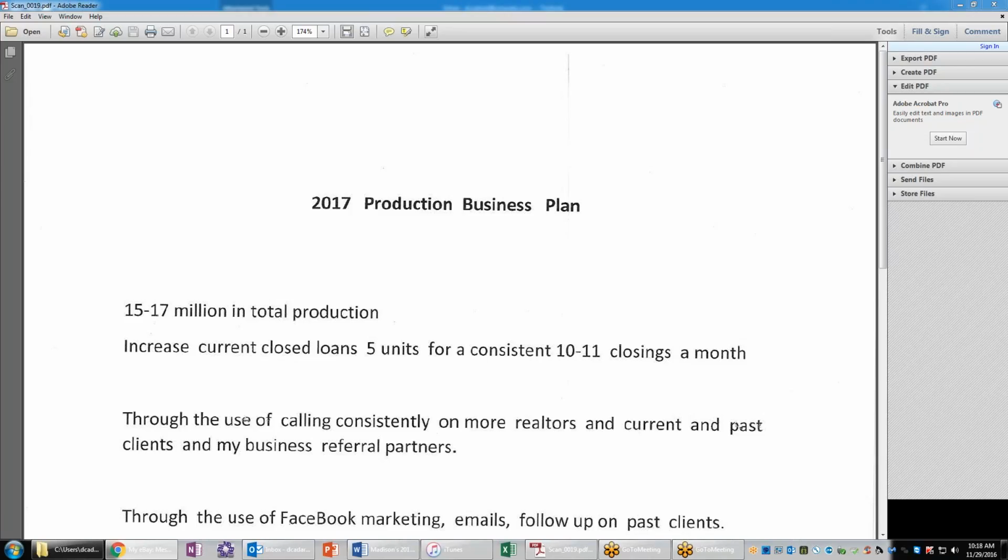So 60 plus 36 is 96, which means that you need to generate another 24 loans out of your realtors, your social, and your business relationships. Let me ask you a question. When you break it down like that, out of your realtors, let's say you need 7.